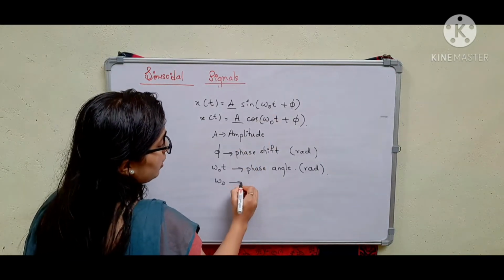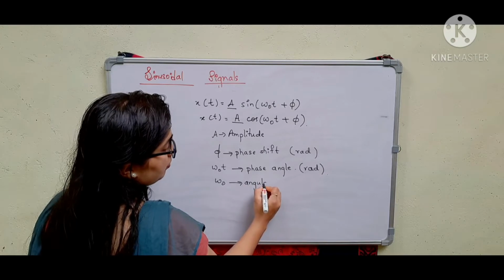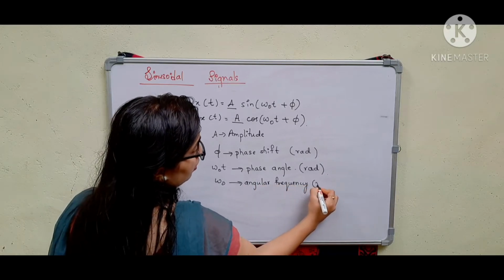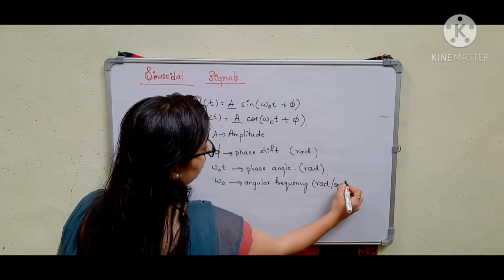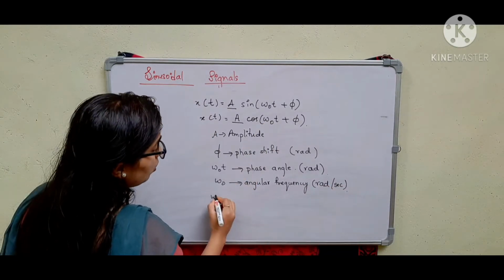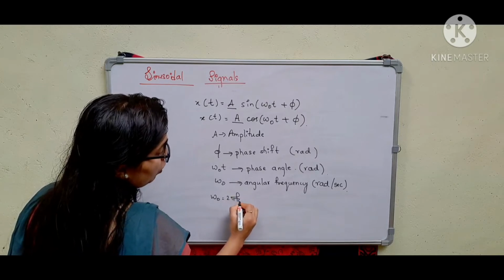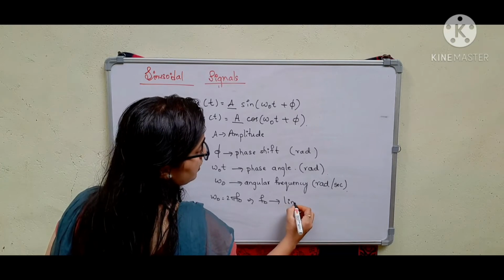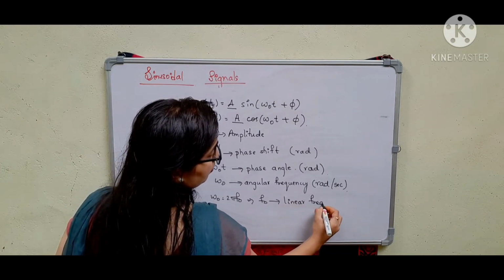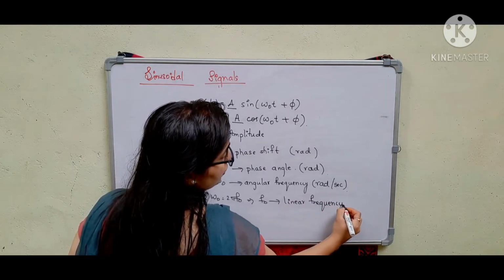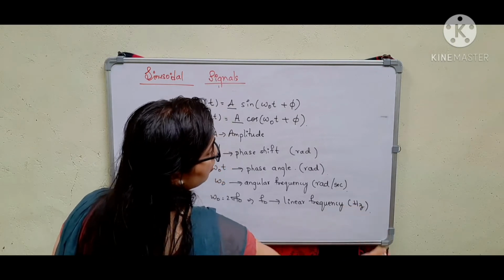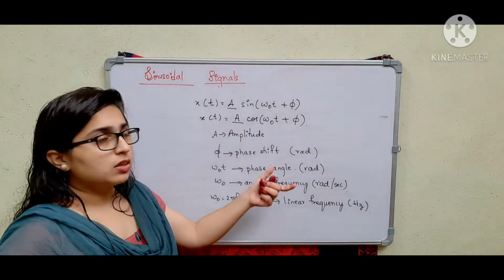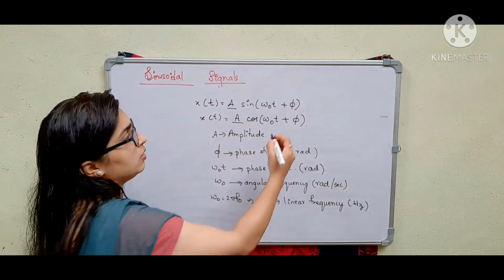Omega naught is the angular frequency, which is in radian per second. Then omega naught is equal to 2 pi f naught, where f naught is your linear frequency, which is in hertz. So this is all about the terms used in this definition.